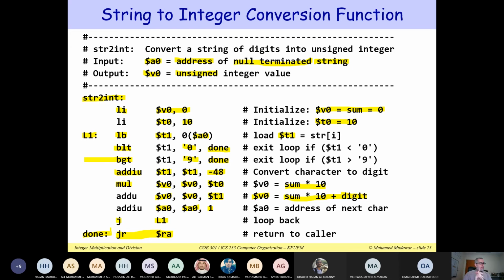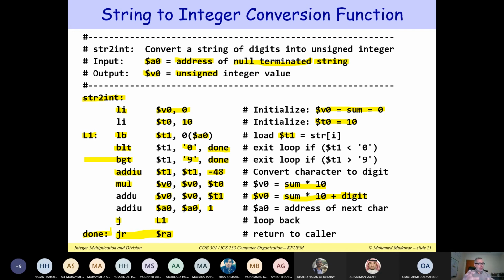Doctor, I have another question. Why or when will we use mult instead of mul? Well, if you need a 64-bit result, and you care about the 64-bit product, then you need the high and the low, so use mult. But in this case, we are restricting to 32 bits, so the product is not going to exceed 32 bits, so use mul.